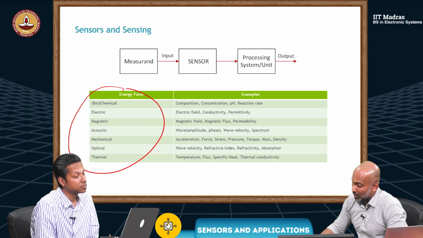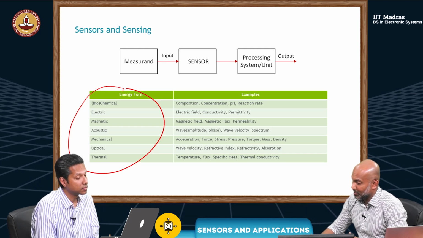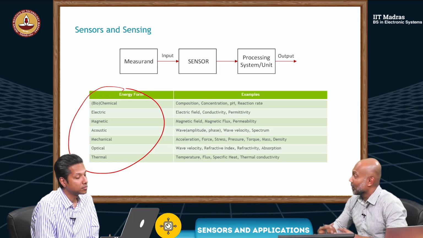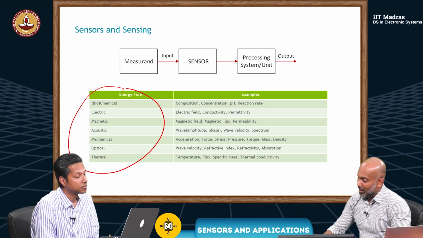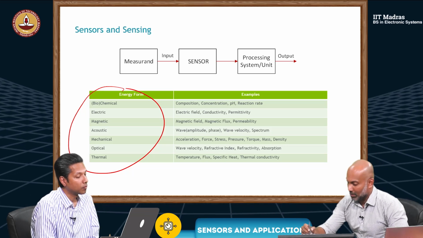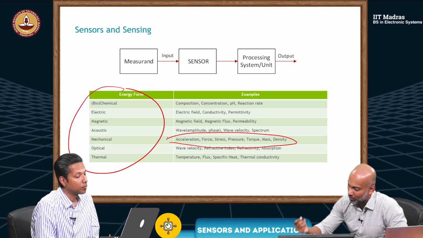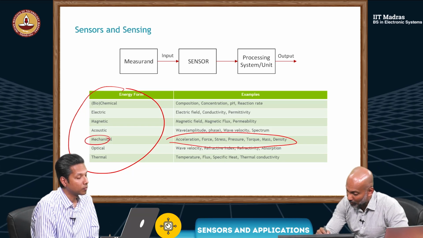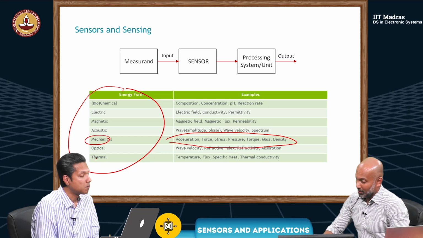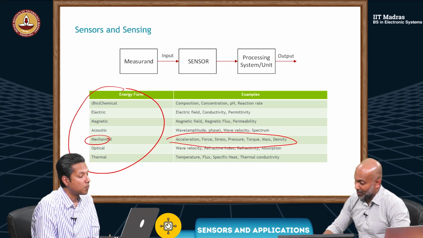If you talk about electric fields, conductivity, permittivity, different types of magnetic fields, permeabilities of materials, acoustic waves, mechanical waves. These all fall under mechanical energy waveforms. And then you have your optical sensors, your thermal sensors.